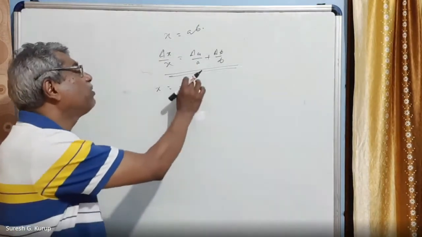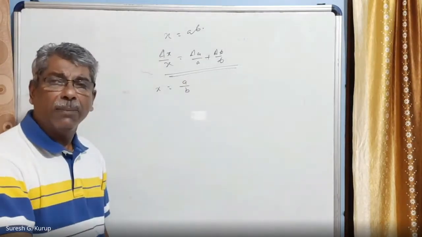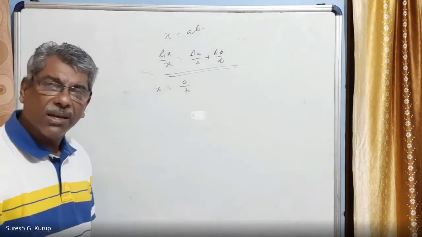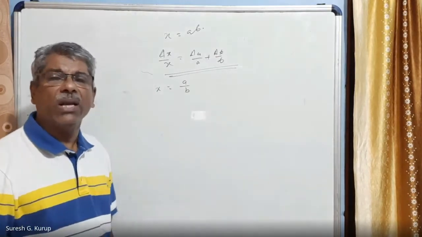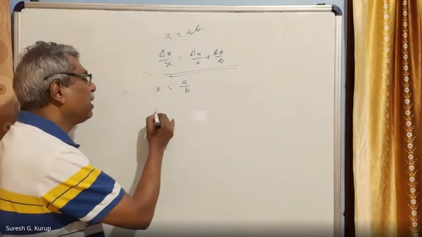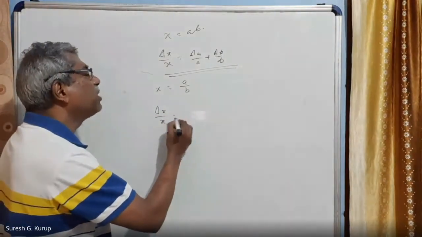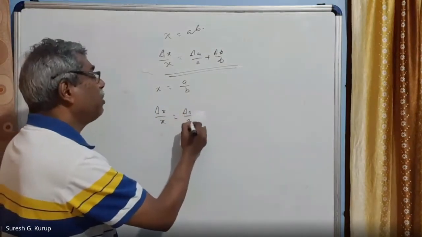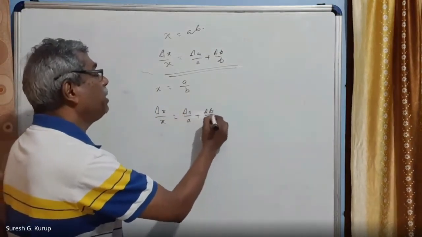But the observed values of A and B are A plus or minus delta A and B plus or minus delta B. In that case also, we calculate only the relative error. The relative error in this operation is delta X divided by X, which is the same in this case also: delta A divided by A plus delta B by B.